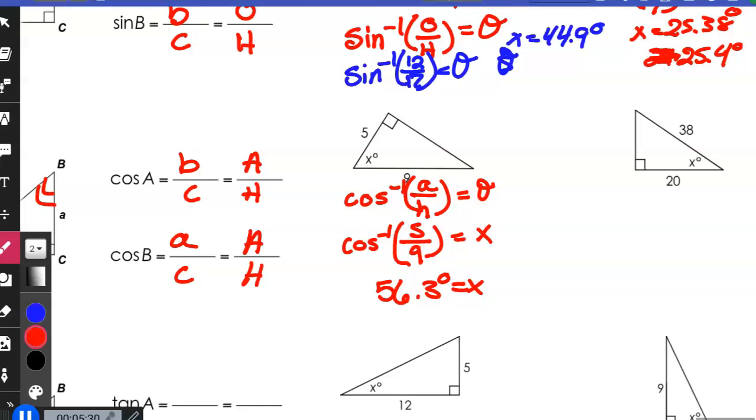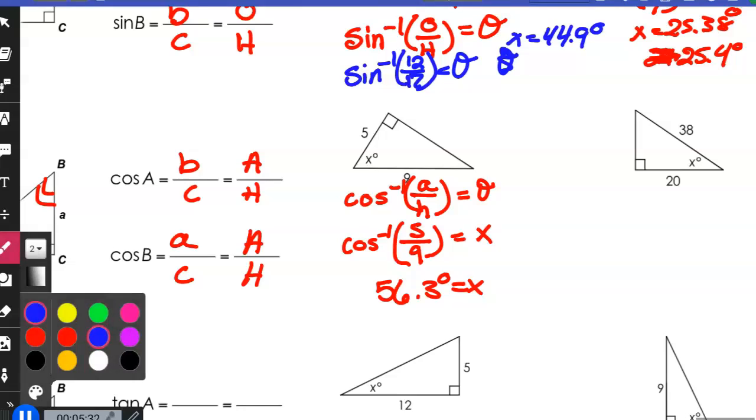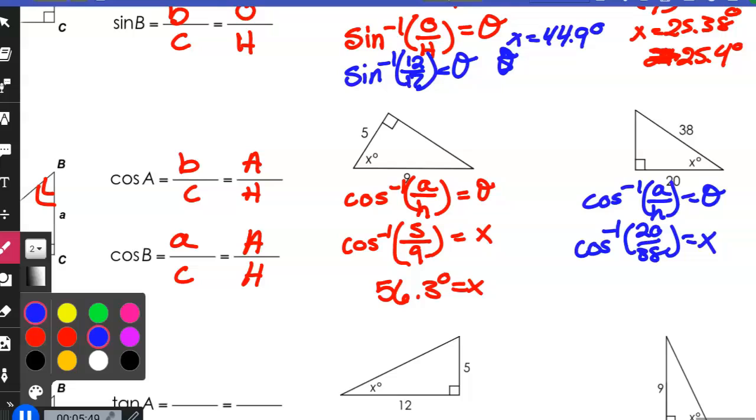Then we have inverse cosine of adjacent over hypotenuse equals theta. Inverse cosine of 20 over 38 equals x. And yes, you have to write that -1 every single time. If you don't, then we're doing regular cosine and we're trying to find a side.